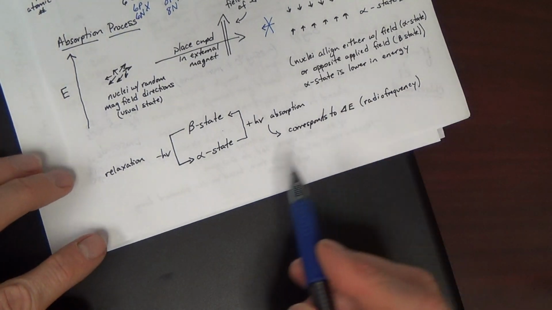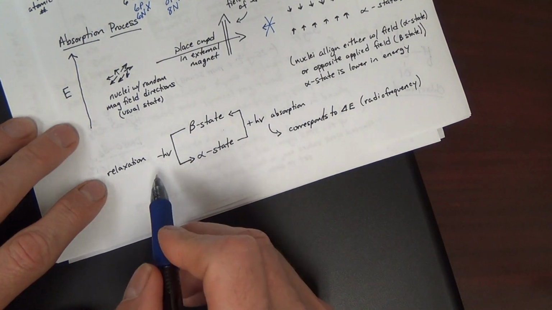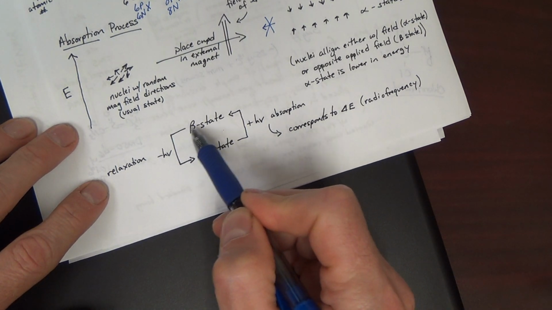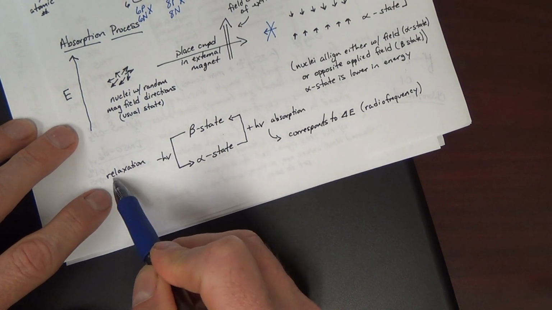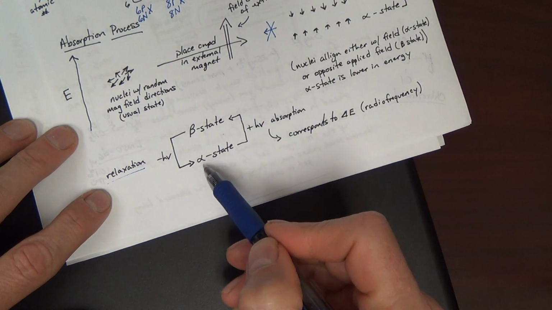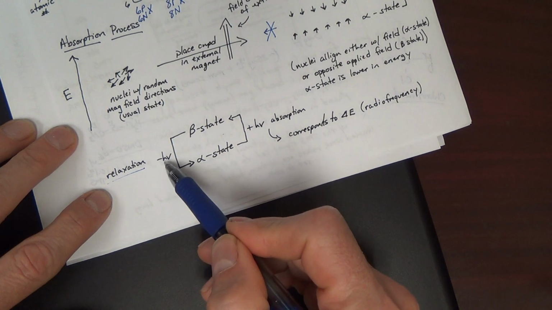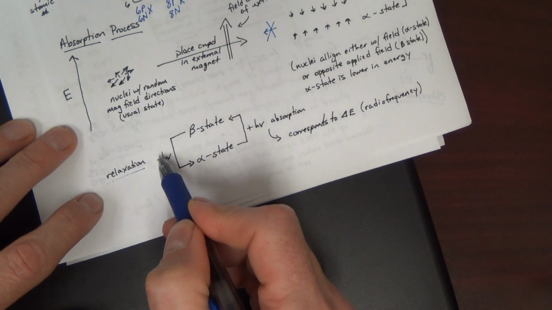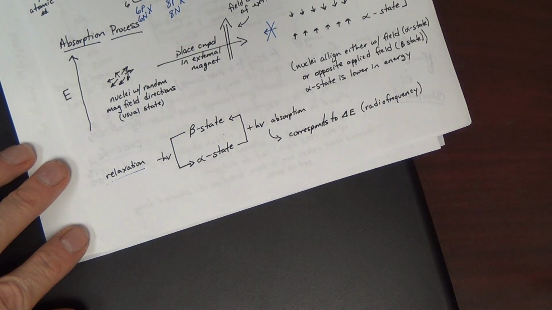Now, it actually turns out that in the modern instruments, what we usually plot is sort of the reverse of that. Nuclei in the higher energy beta state can also relax back down to the alpha state. And when they do this, they give off energy. And you could also measure how much energy is given off. Okay?